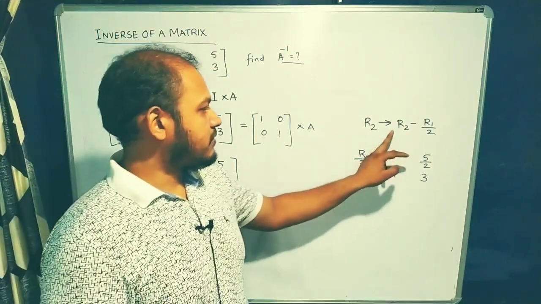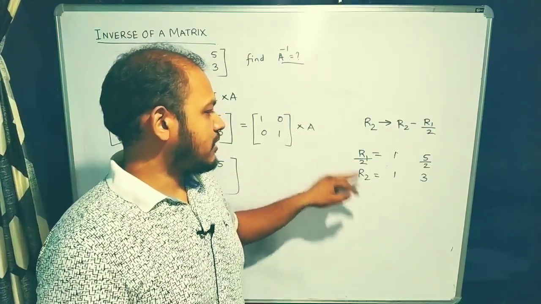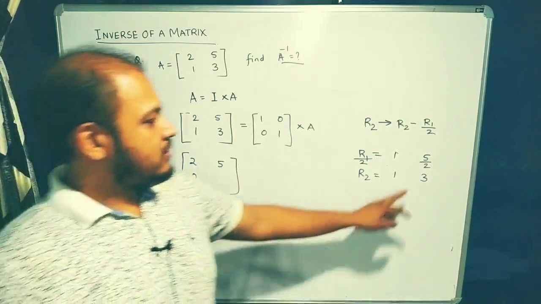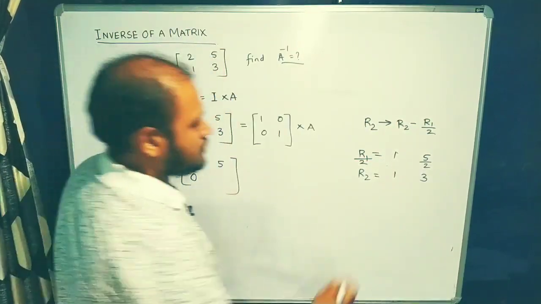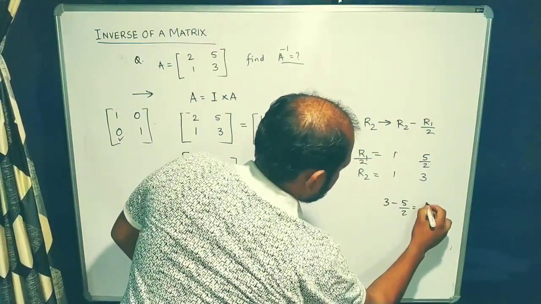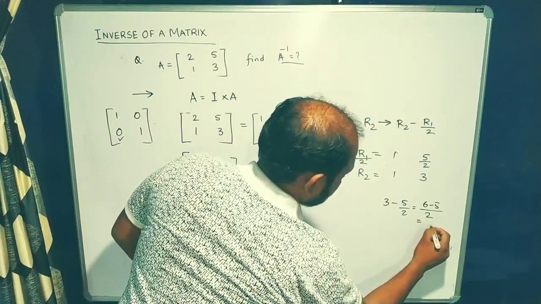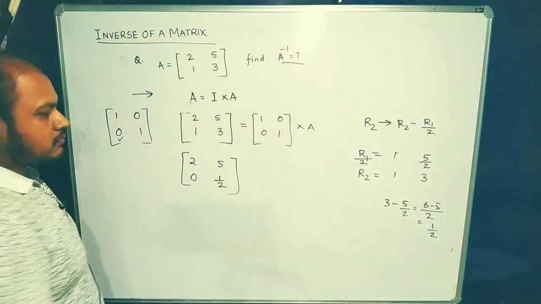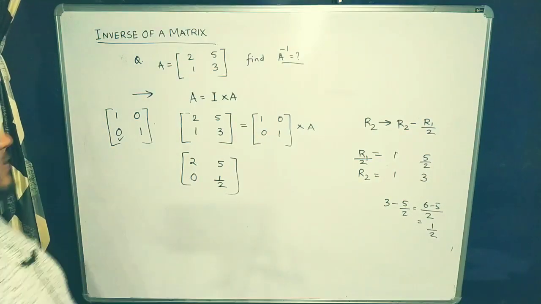In the second row we will have R2 minus R1 by 2, so 1 minus 1 is 0 at this position, and 3 minus 5 by 2 in this position. So 3 minus 5 by 2 is equal to 6 minus 5 by 2, this is 1 by 2, so this is equal to half at this position, right?